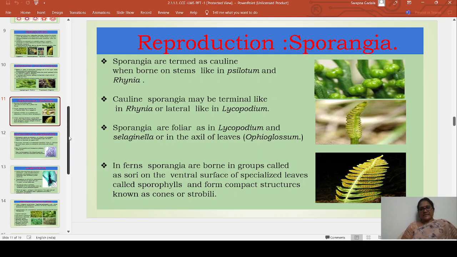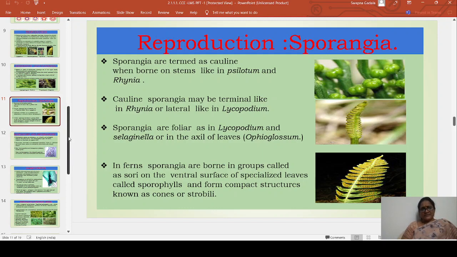Example, Psilotum and Rhynia. These cauline sporangia, that means the sporangia borne on the stem, may be terminal in position like in Rhynia or in lateral position like in Lycopodium. Sometimes sporangia are borne on the leaves or in the axils of the leaves also, like in Glossopteris. Then we can term the sporangia as foliar sporangia.